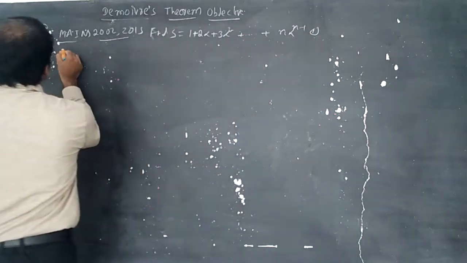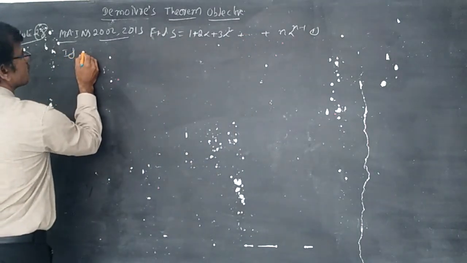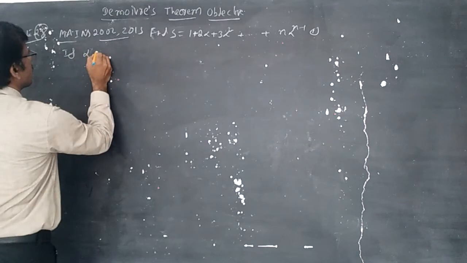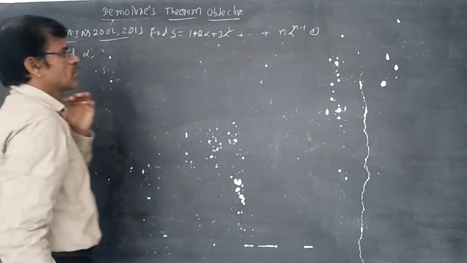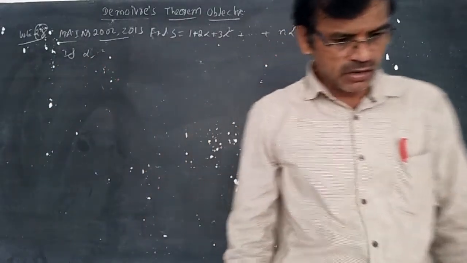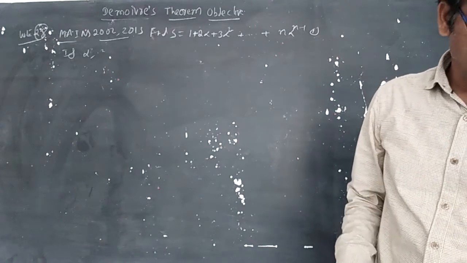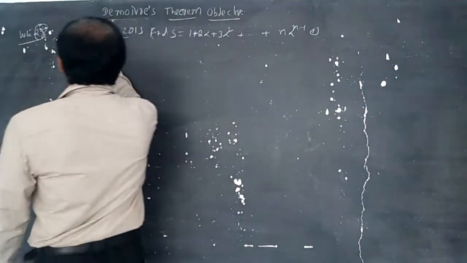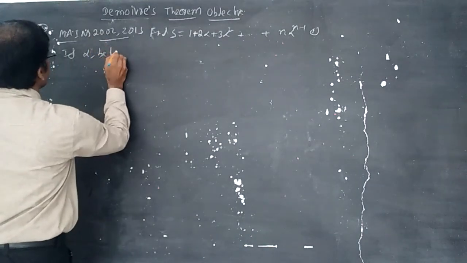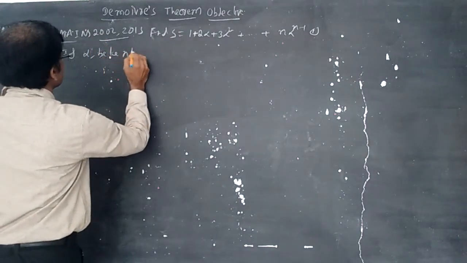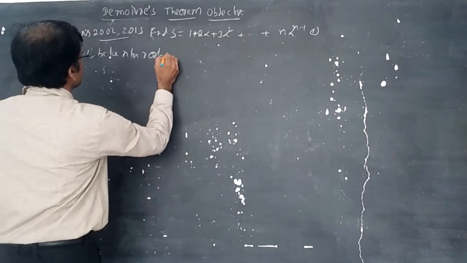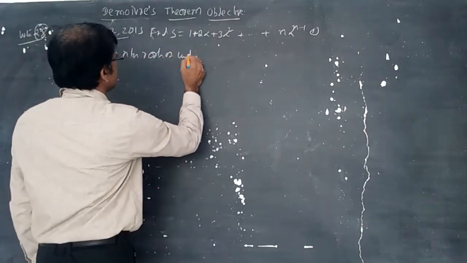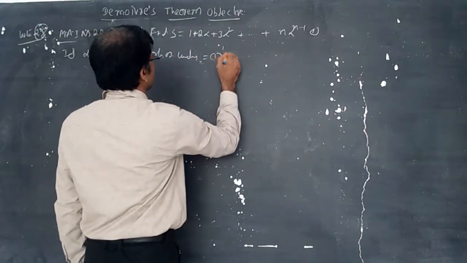If alpha, alpha square, so on up to alpha power n minus 1 are the nth roots of unity, that is equal to 1 power 1 by n.